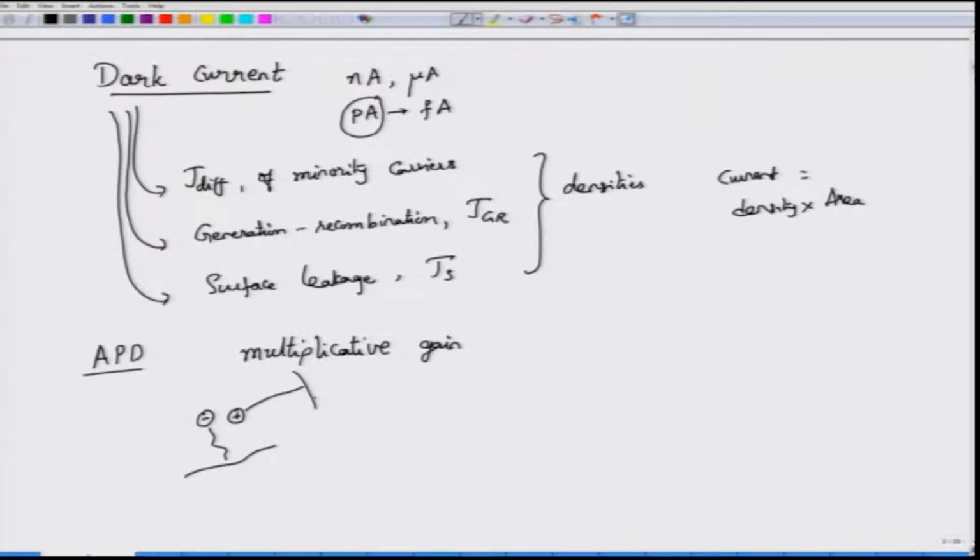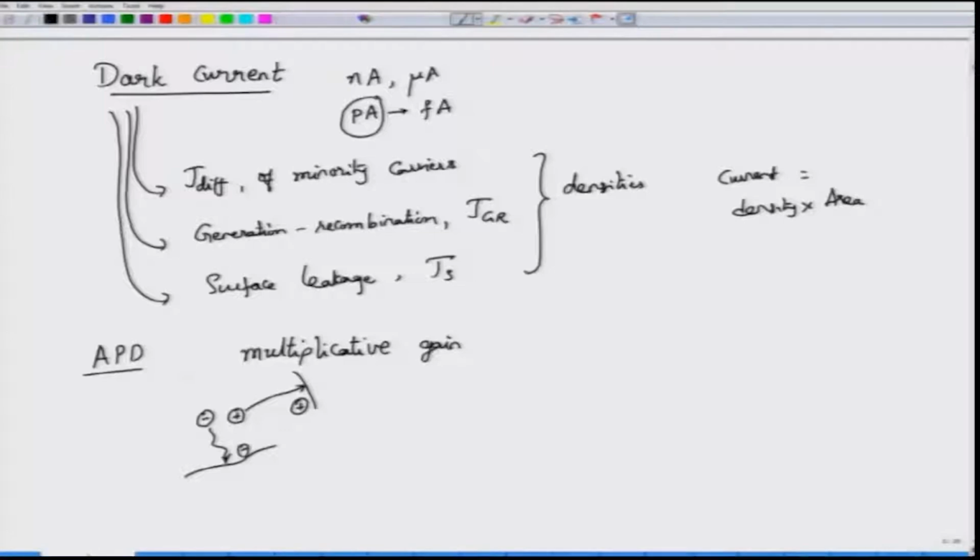They will hit the material, creating ionization, resulting in generation of extra electron hole pairs. So quickly a pair of electron hole pairs can generate a million electron hole pairs, leading to an internal gain of the device. There is no amplifier connected, but there is an internal gain of the device.